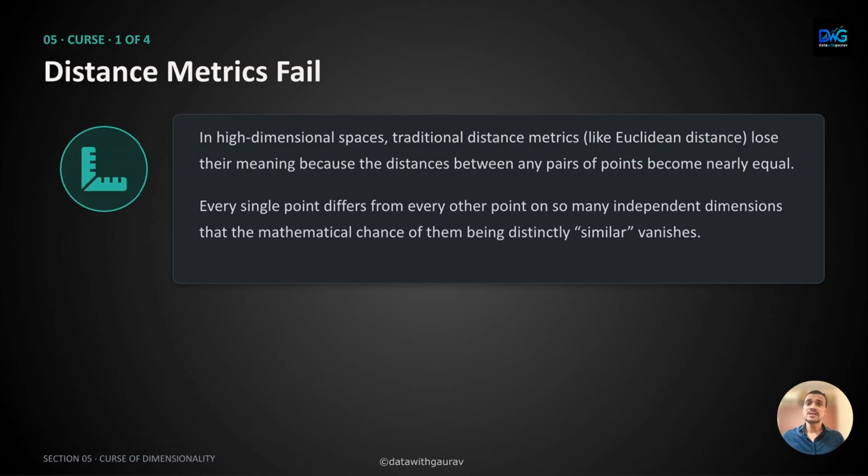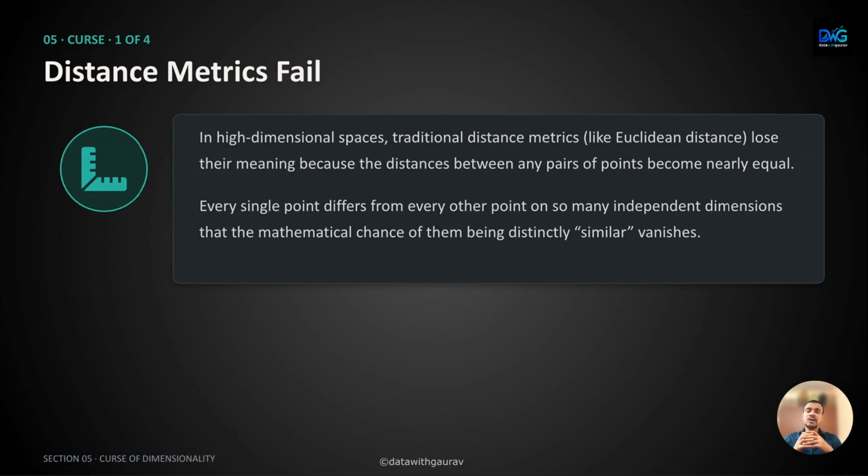But something surprising happens as we keep adding more and more features. In high dimensional spaces, the distance between different data points begins to look almost the same. The difference between the nearest point and the farthest point becomes increasingly small. Now just think, why does this happen?